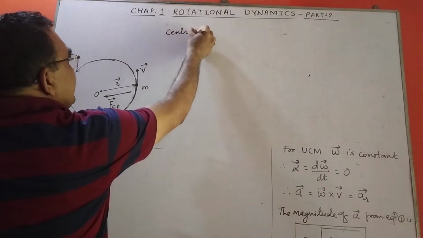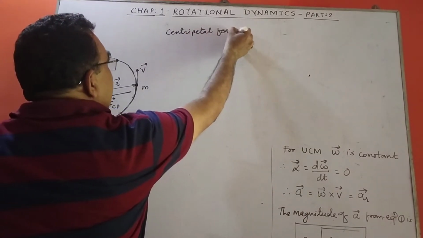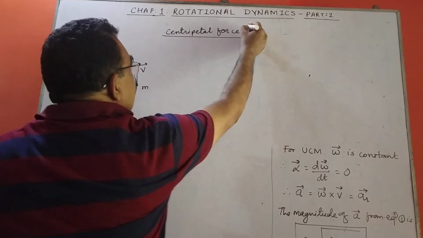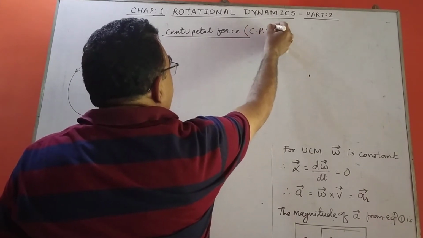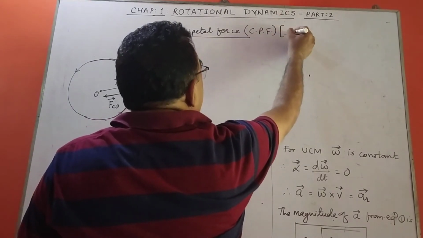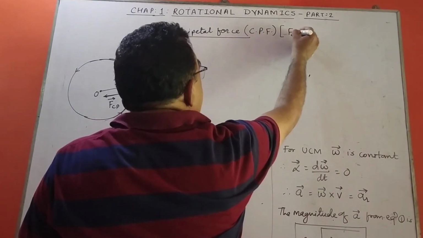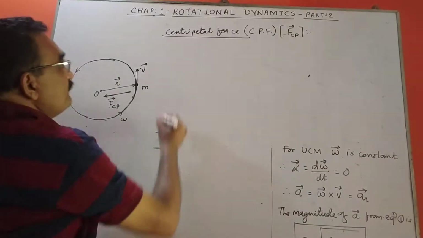Now the centripetal force is denoted by F suffix Cp. It is a vector.